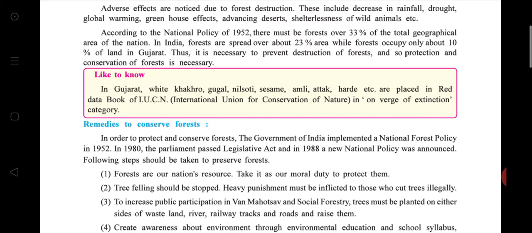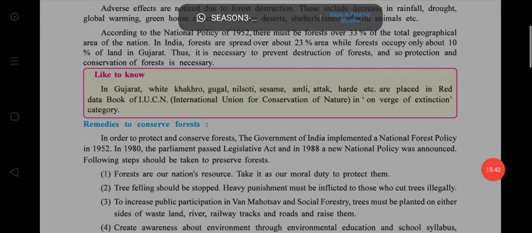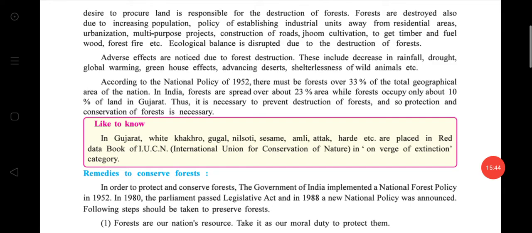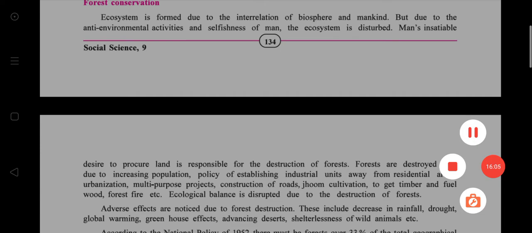In India, forests are spread over about 23% area, while forests occupy 10% of land in Gujarat. Thus, it is necessary to prevent destruction of forest, and protection and conservation of forest is necessary. See students, this topic is also important for examination.